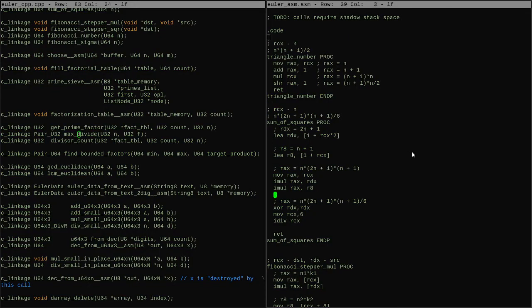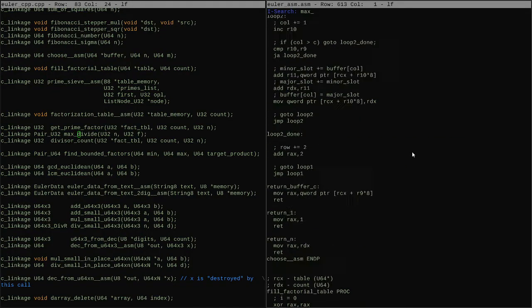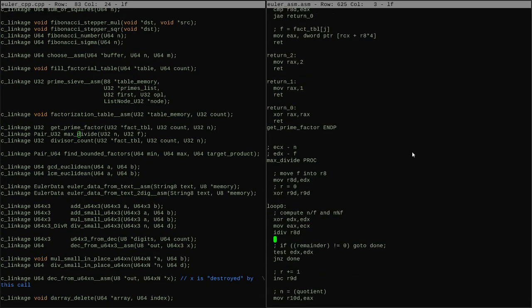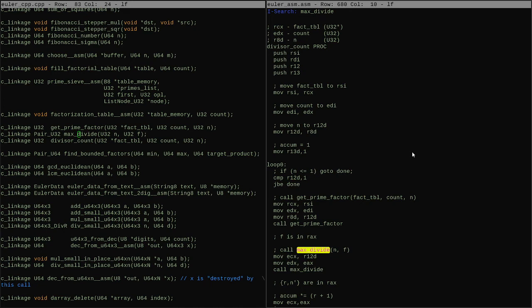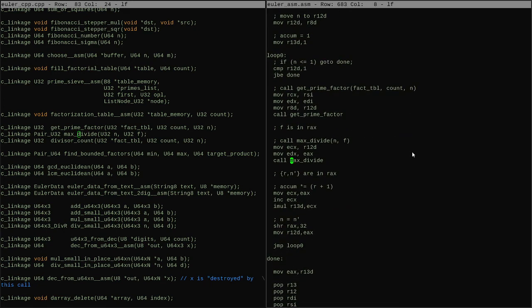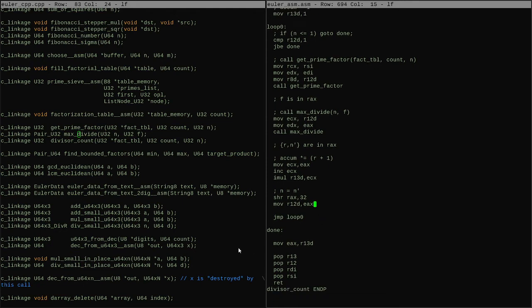So wherever I was, I think I was on max divide, or I was on something that was calling max divide, actually. Yeah, so after I call max divide, RAX has the R and the N prime being the high part. And so I just have to shift the RAX register, and then I use EAX both times, is the way the compiler did it.